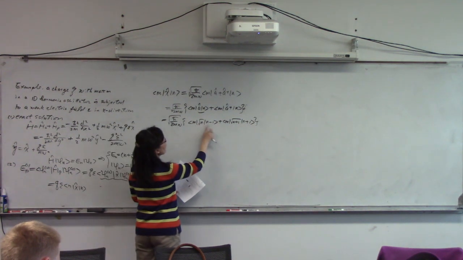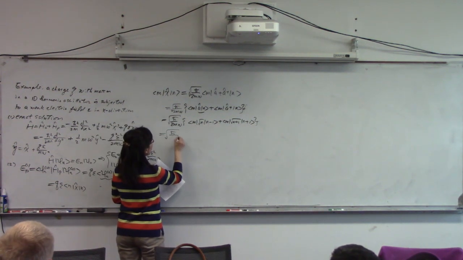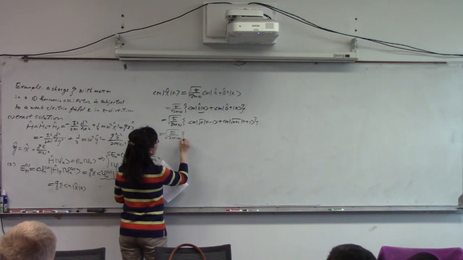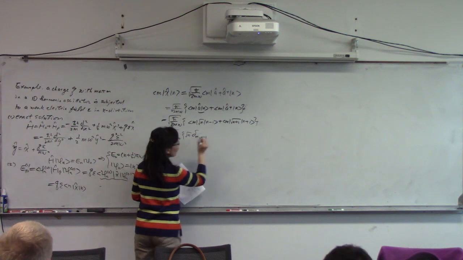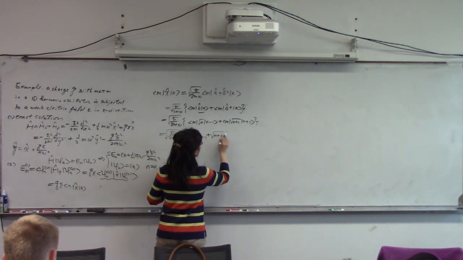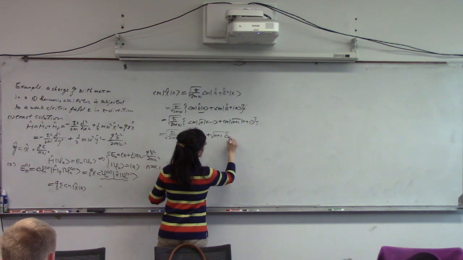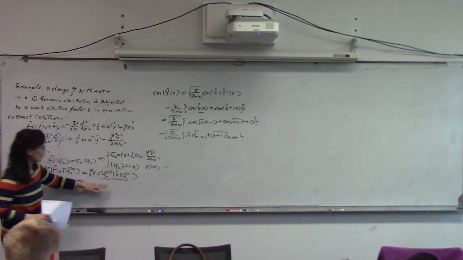So by the normalization and orthogonality of these states, there are only two non-zero results. Which ones? m equal to n minus 1, right? And the other term, m should be n plus 1. So then you come to here.